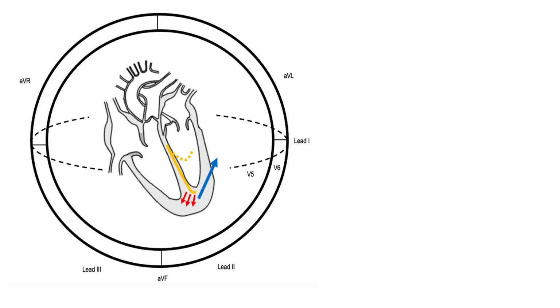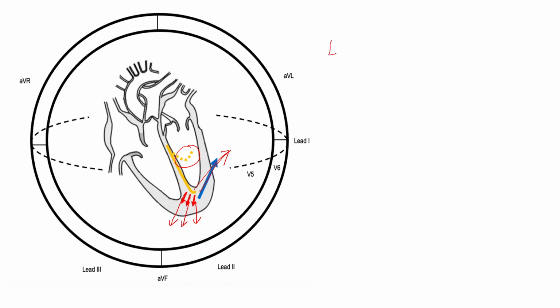Now, what happens in a left anterior fascicular block? If the left anterior fascicle is blocked, only the posterior fascicle is conducting. So, if the posterior fascicle is conducting, the initial depolarization is happening towards the inferior side, and then the entire left ventricular depolarization is happening towards the lateral side. Okay.